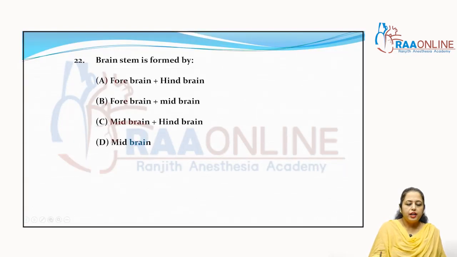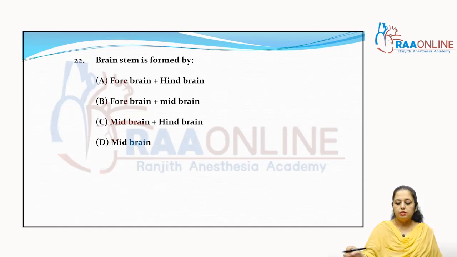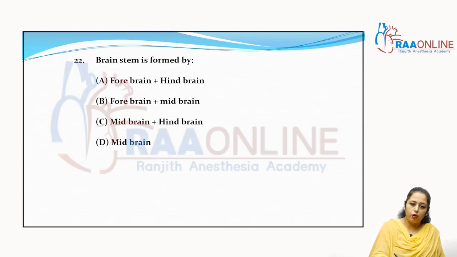The brainstem is formed by what? The brainstem includes the midbrain, the pons and the medulla oblongata.